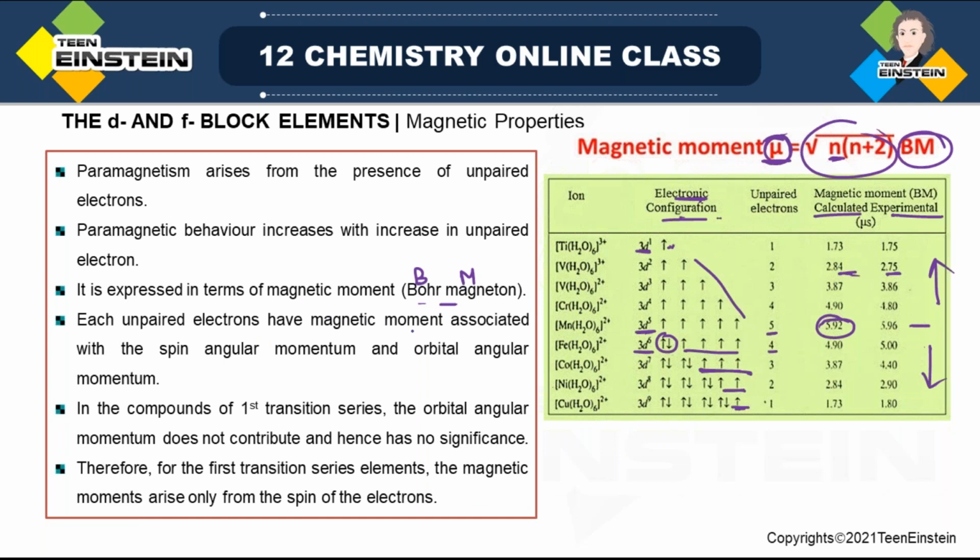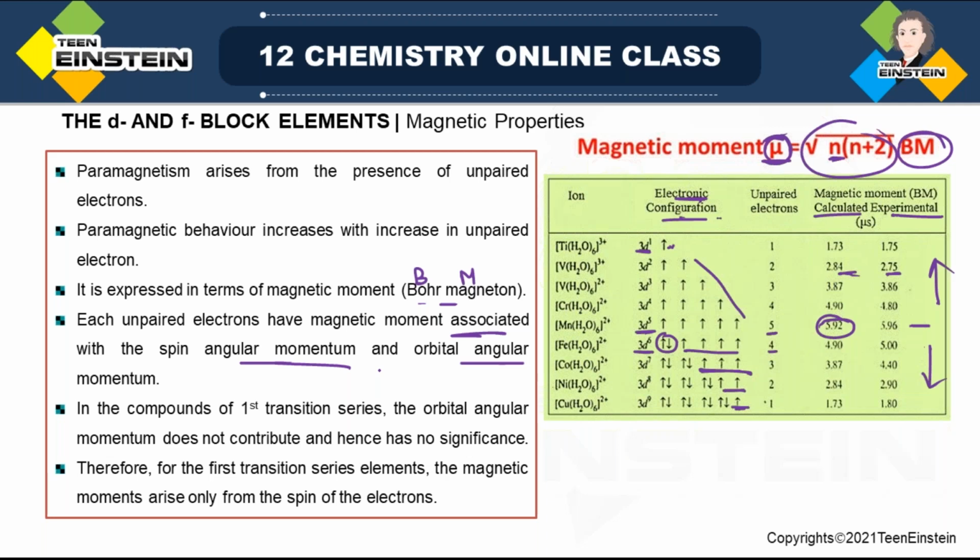Each unpaired electron has a magnetic moment associated with the spin angular momentum and orbital angular momentum. Now the electron, when it is revolving around the nucleus, is also revolving on its own axis. So when it is revolving around its own axis, there will be spin motion, and because of that there will be spin angular momentum, but it is also revolving around the nucleus.